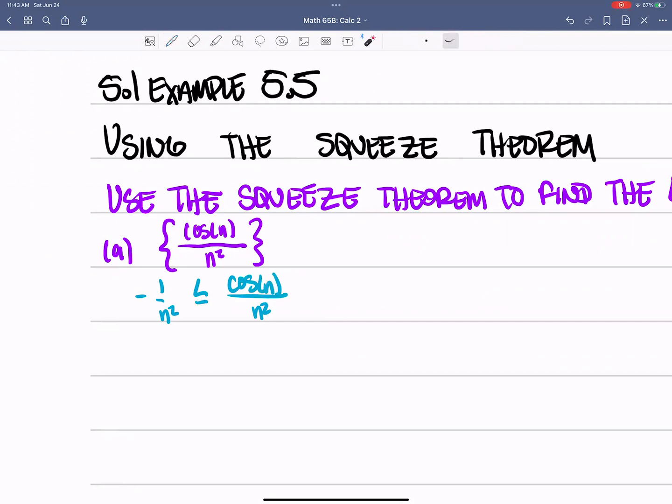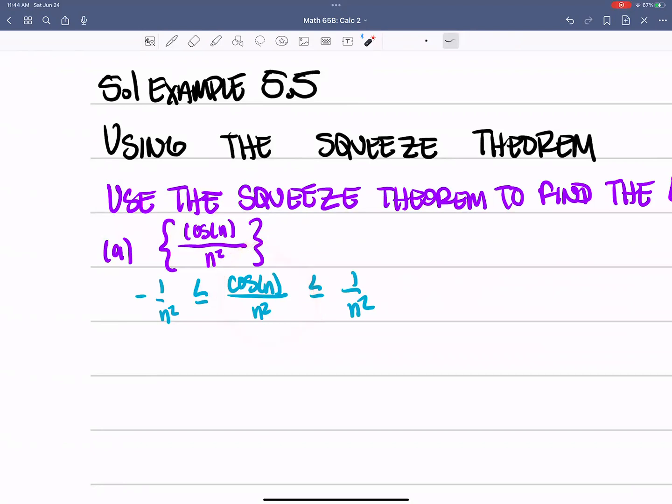What I meant to say was this value is always going to be bigger than this one over here, because this one ends up being negative, which for sure means that 1/n² is always going to be the larger of these two.